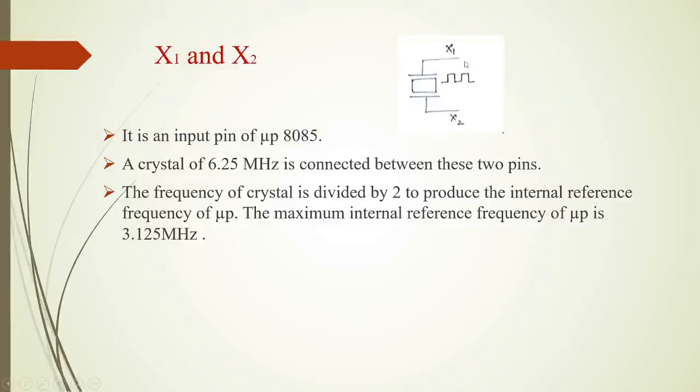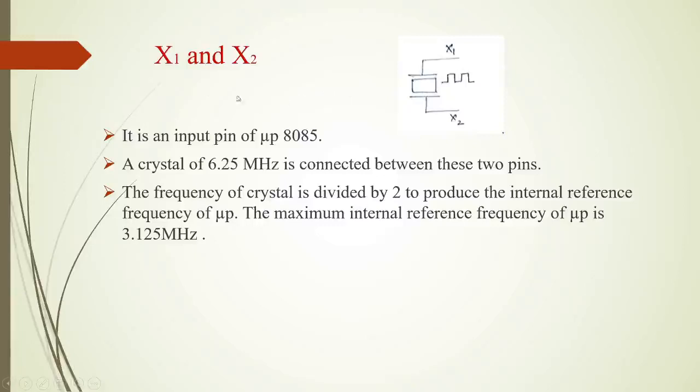You can see that there are two legs, X1 and X2, and these two legs are connected with the 8085. So whatever the crystal frequency is, it will get divided by 2. It means that your clock frequency will be equal to 6.25 megahertz upon 2, that is 3.125 megahertz.